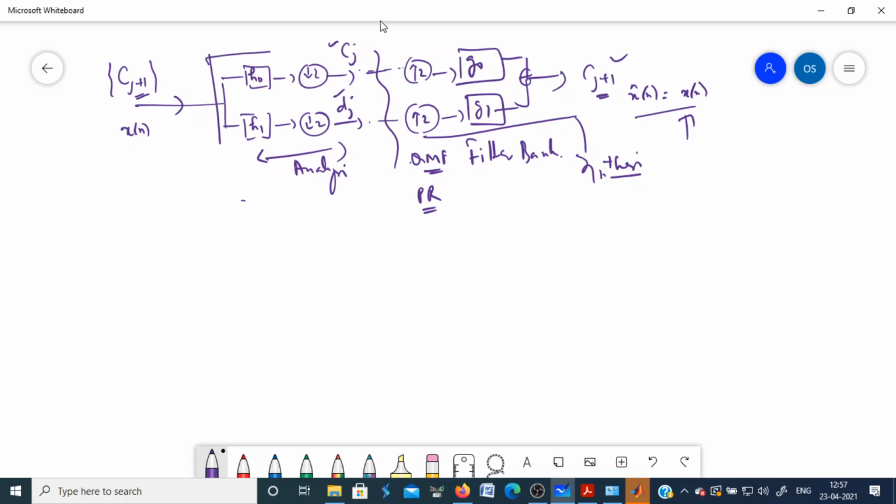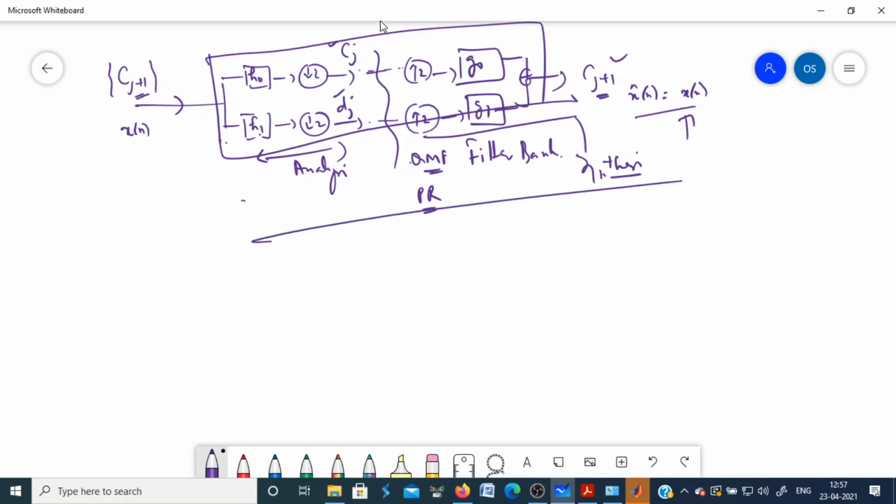And when you design this filter bank, we have a basic structure like this. We have two analysis filters, two synthesis filters. Okay, and in the design of the filter banks, you will see that there is a relation between the synthesis filters and the analysis filters, so that the structure becomes a perfect reconstruction filter bank.